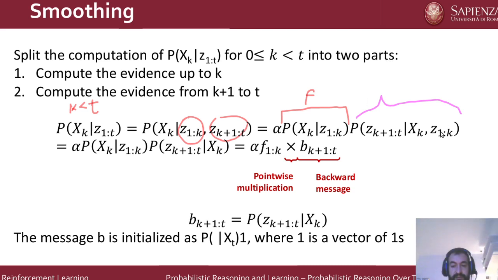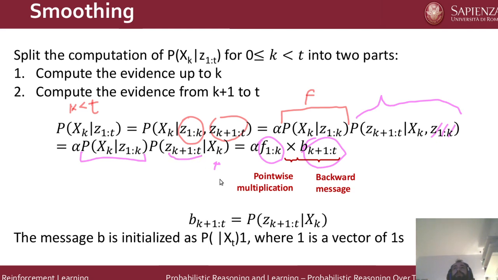Now we know that this is useless for this purpose, so on the one side we have the current estimate, f, as you can see here, which is multiplied by what we call b, the backward message. Why is it backward? Because we are trying to get an estimate of something, this object here that occurred in the past, from future observations.